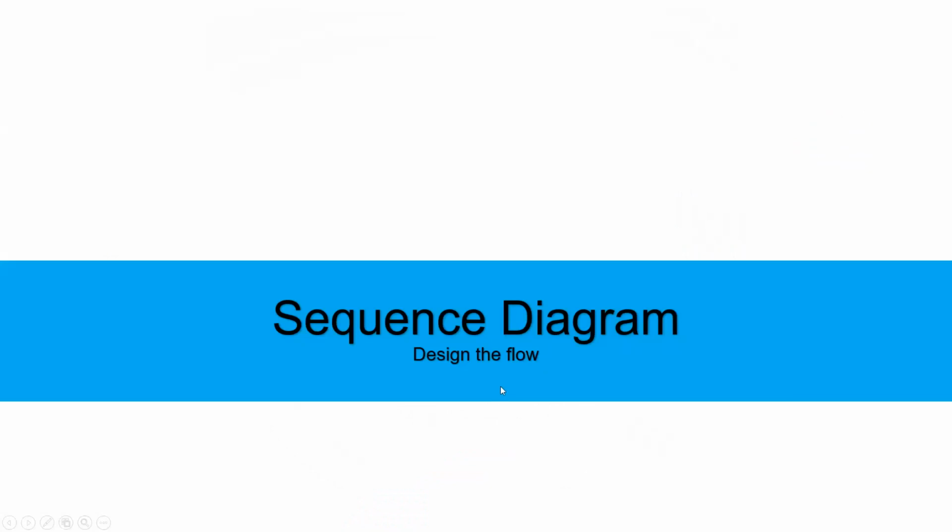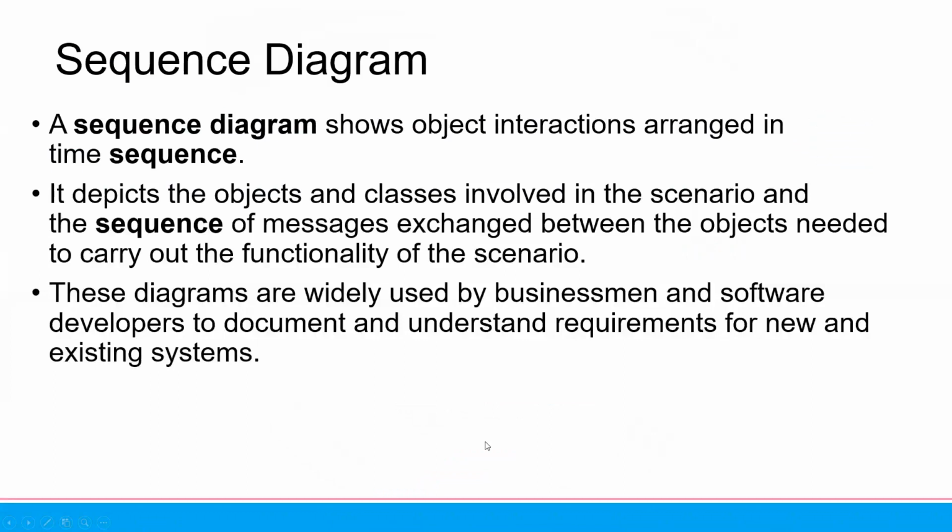The sequence diagram means you can design your flow. For example, you can see the sequence diagram as an object interaction arranged in time sequence.